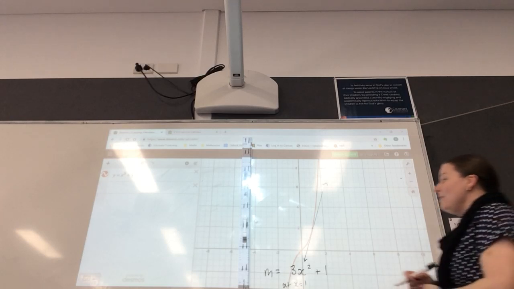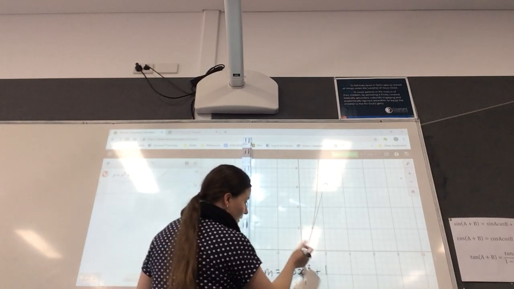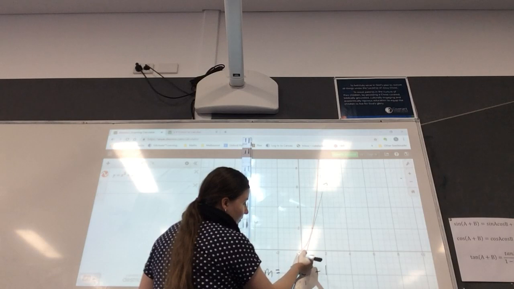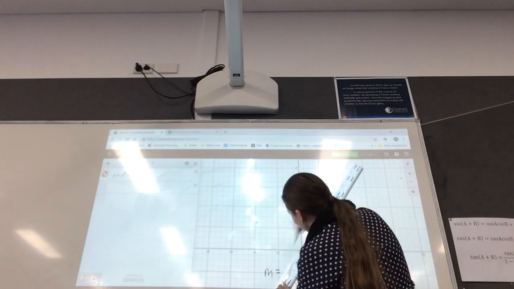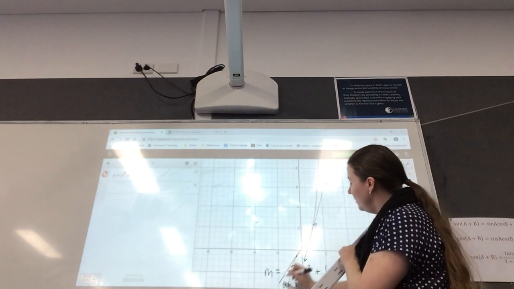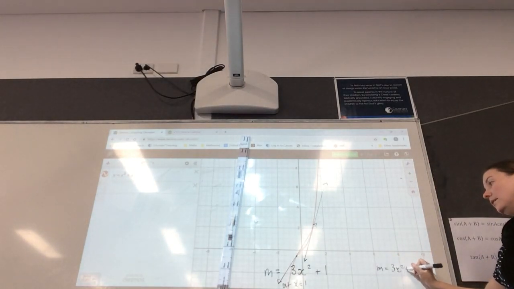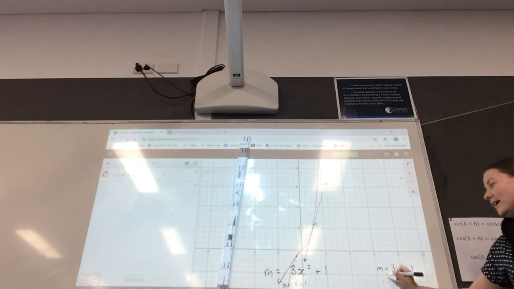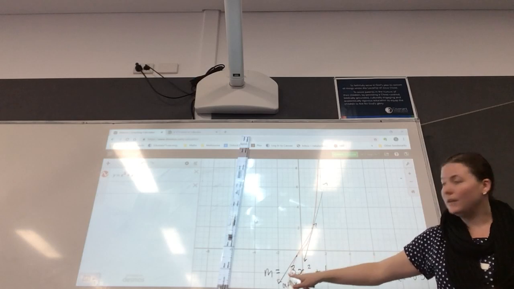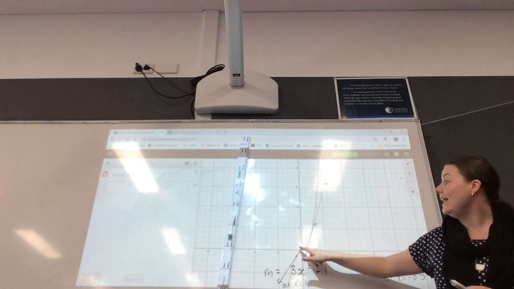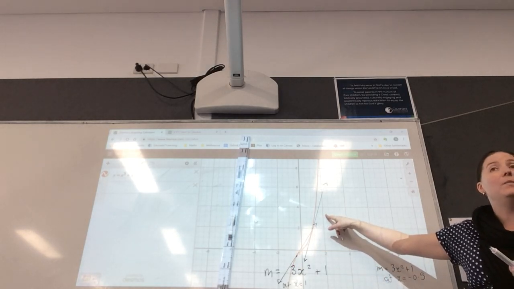If I have a look at my gradient over here, let's say at negative a half, what can you tell me about the gradient at negative a half? Is it positive? Is it negative? Look at the line. Okay, it's positive. Is it steeper or less steep than my gradient at x equals 1?